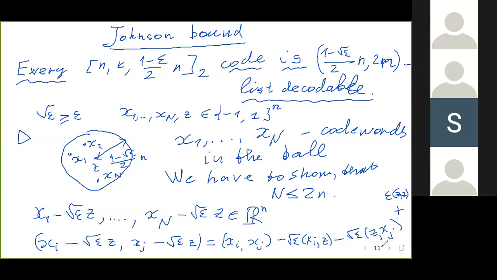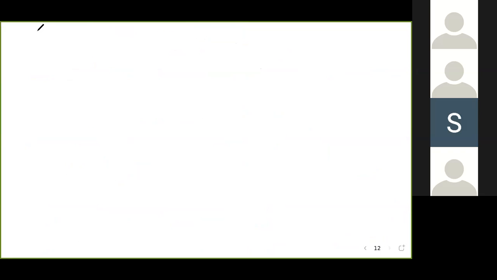So xi xj is at most (1 plus epsilon) over 2 times n, the number of ones, minus (1 minus epsilon) over 2 times n, the number of minus ones, which is equal to epsilon n.